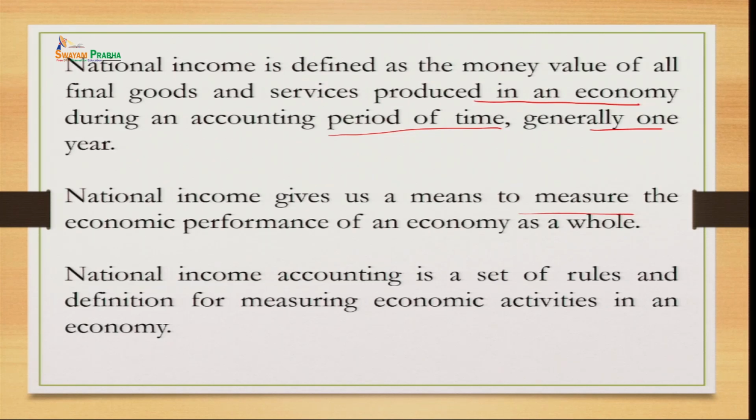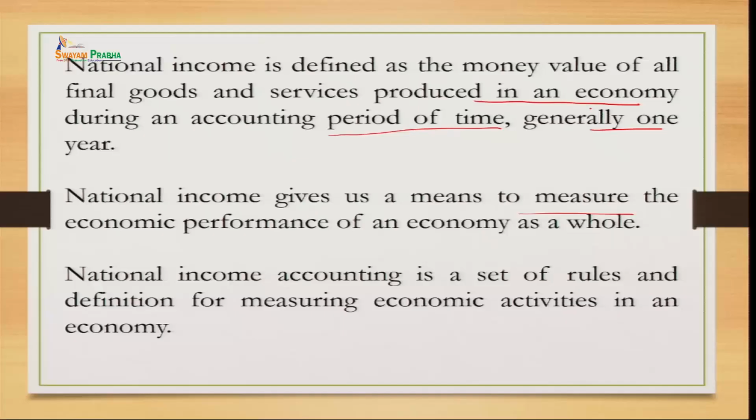The simple reason is that it gives you an indication of economic activities taking place in the economy. How much economic activity you are able to generate, you get that idea with the calculation of national income. It is also a set of rules and definitions for measuring economic activities in the economy. Economic performance and economic activities you can easily measure with the calculation of national income.